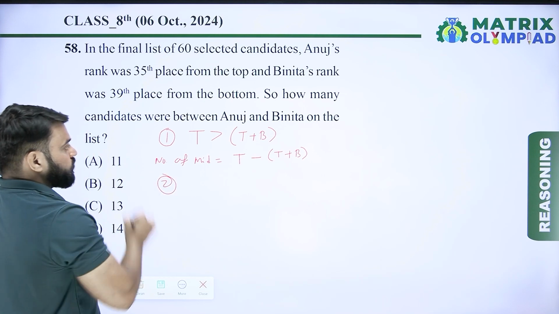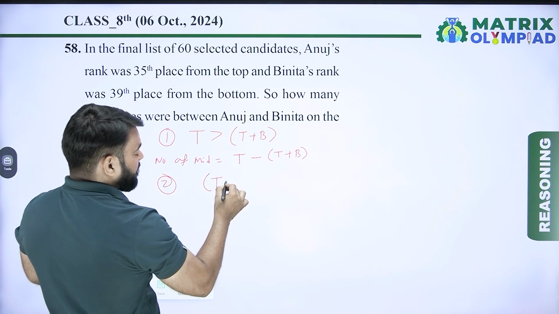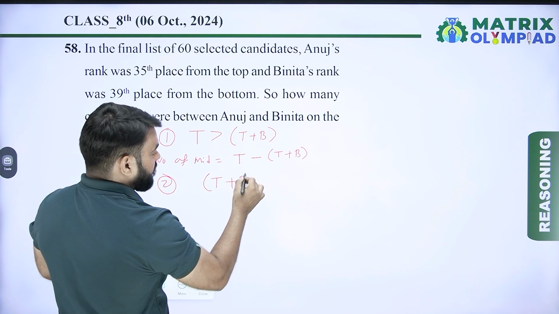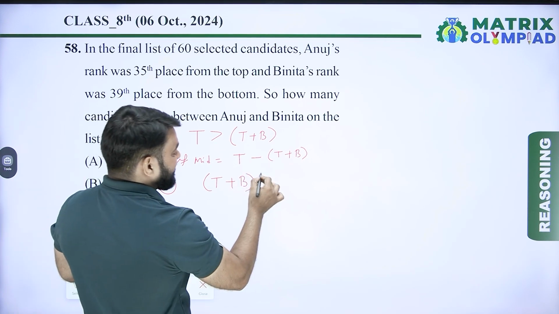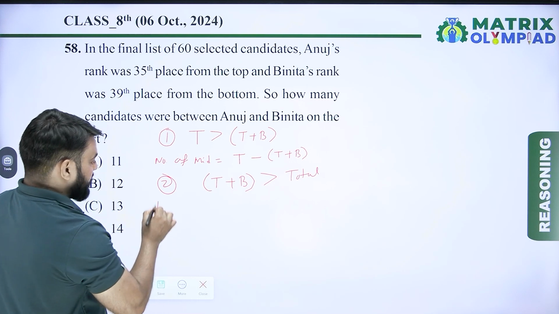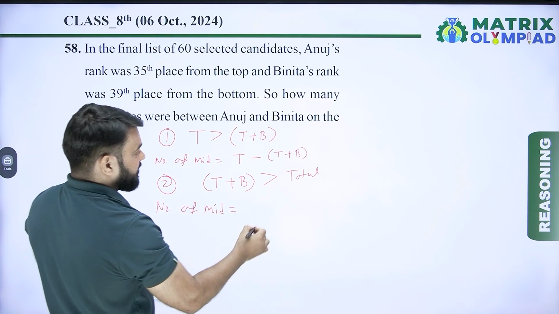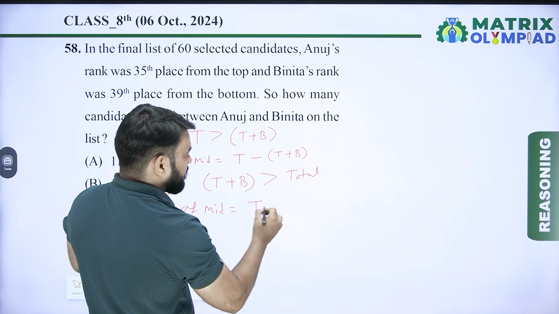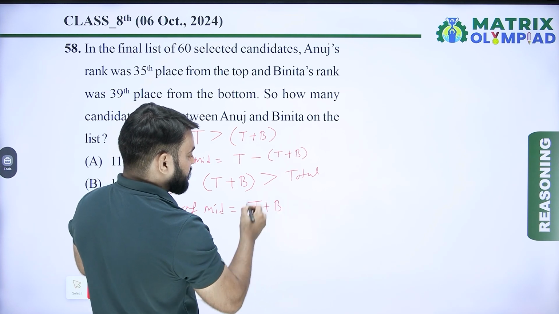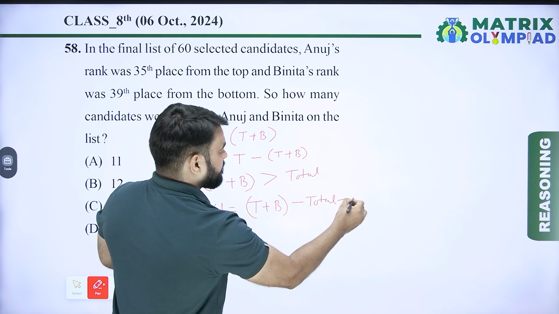Now condition number 2: if the top position of the first person plus the bottom position of the second person is greater than total, then the number of mid-persons is equal to top position of the first person plus bottom position of the second person minus total minus 2.